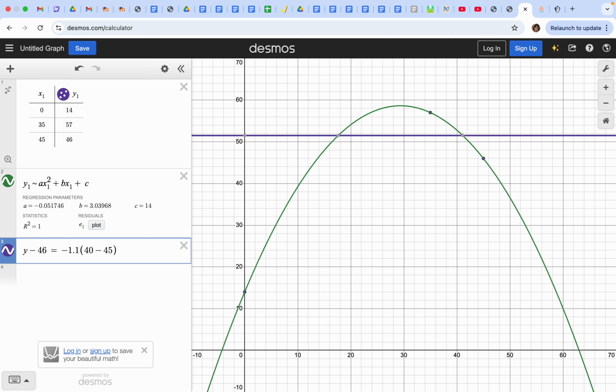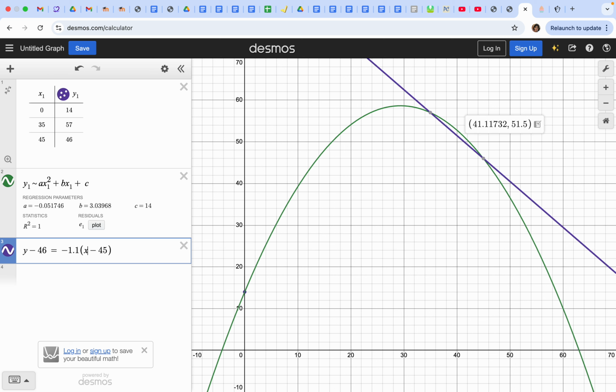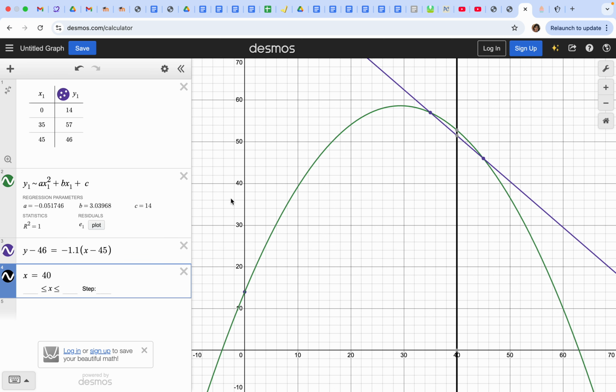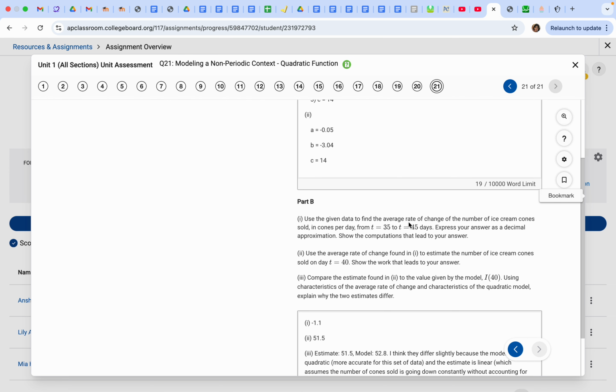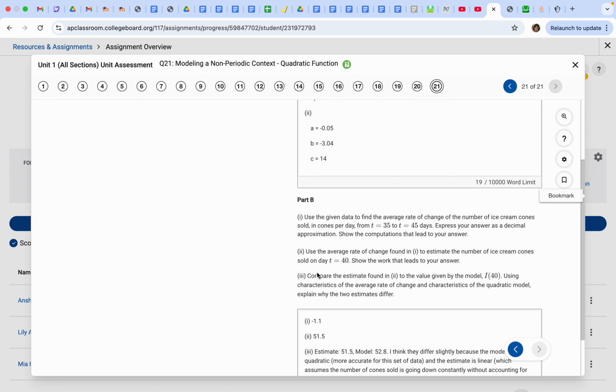Because then you're going to find exactly what that value is, right? 51.5. Or you could do it like this, x equals 40, and you could find exactly, this is going to be very fast because we're going to see this difference in the third part. So when I use that line, this secant line, the purple one, then the number of ice creams is 51.5.